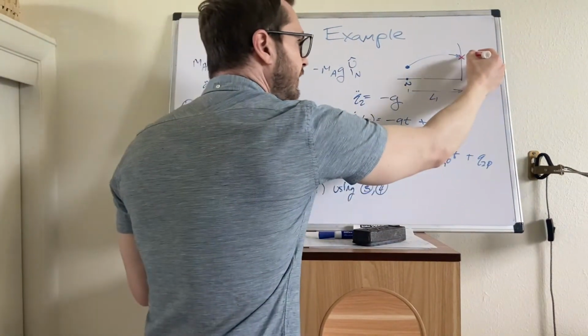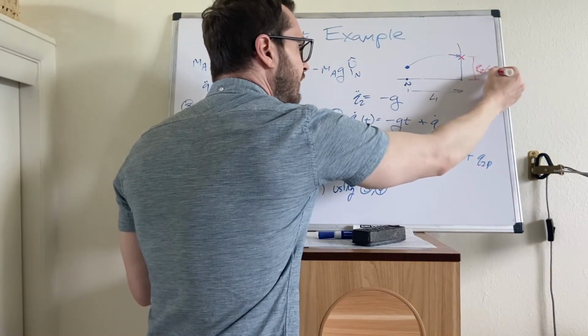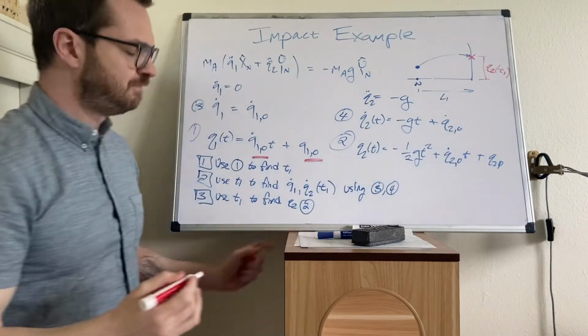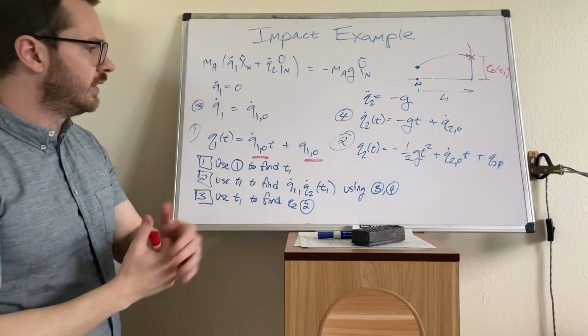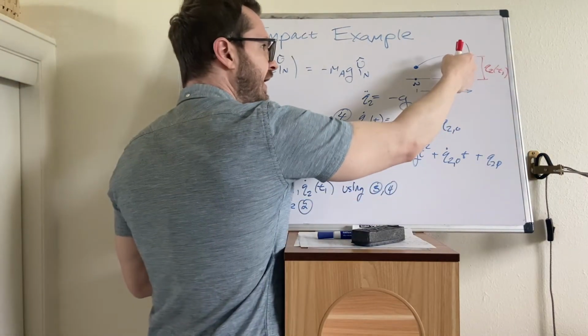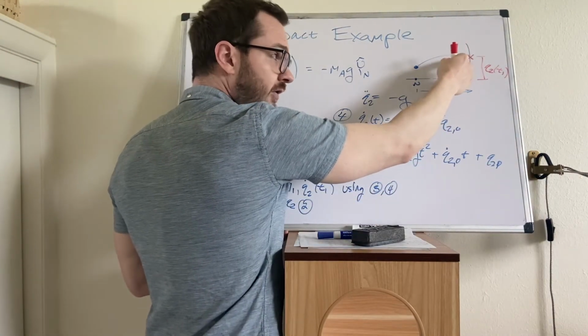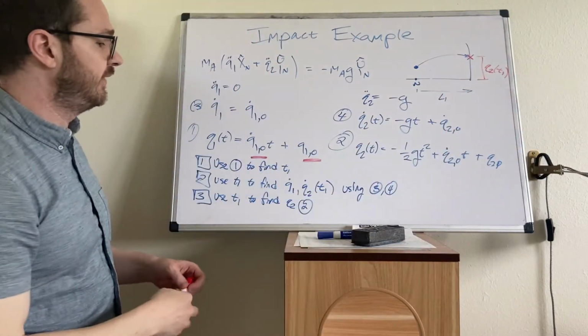The height is going to be Q2 at time number 1. And why do we need that? Well, there's a second ballistic phase after this first impact, and we need to know from what height it's starting. So this becomes the initial condition for the second ballistic phase.